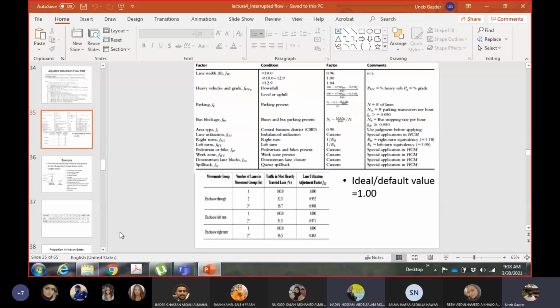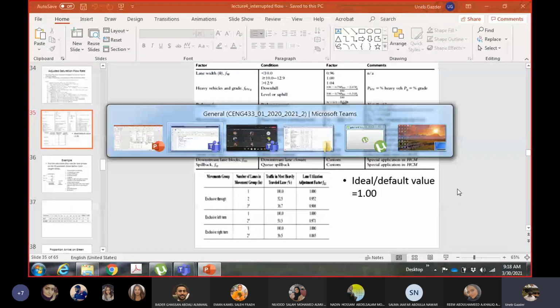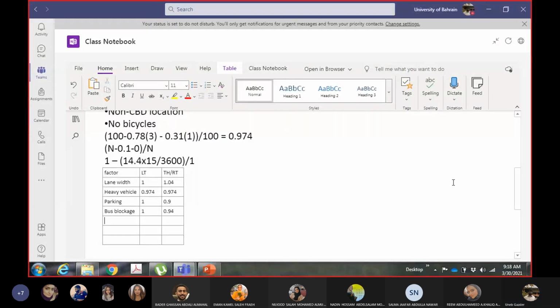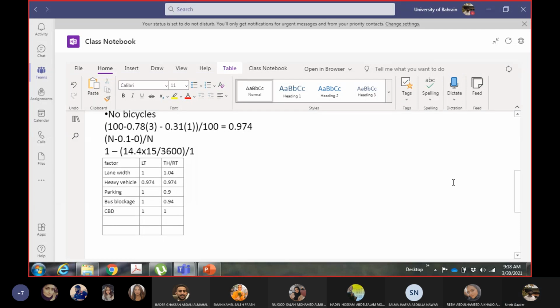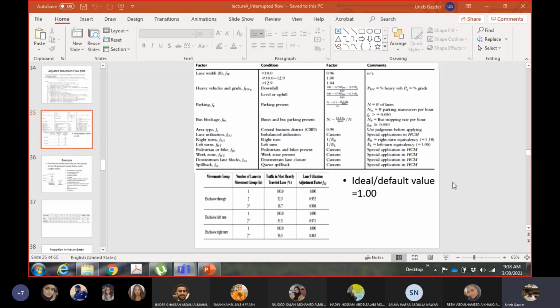Okay, the next one is central business district. It's not mentioned in the question that it is a central business district, so we just take it as 1. Okay, lane utilization. We have this table here for lane utilization. You need to consider which movement group you are talking about.